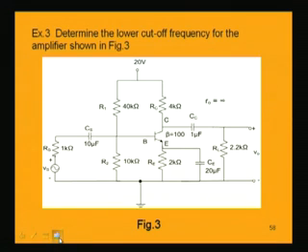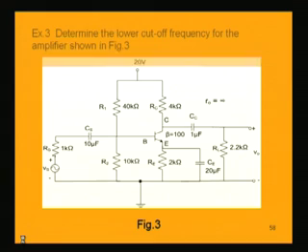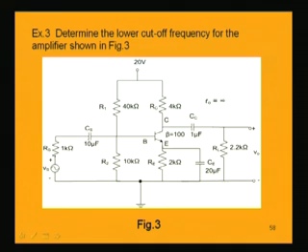Now, from this we can do one example to find the lower cutoff frequency for the amplifier shown in this circuit. This circuit has a coupling capacitor, another coupling capacitor, and an emitter bypass capacitor. We have to find the lower cutoff frequency.